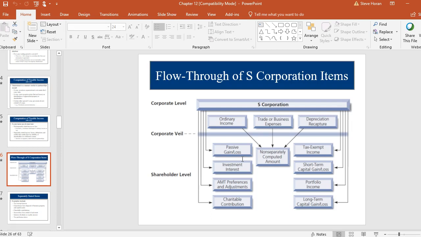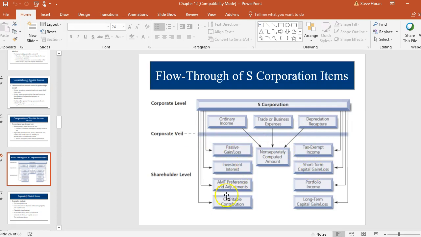the flow through. So we've got the corporate level, and we've got the things that would be common for all shareholders of the corporation. You can see ordinary income, trade or business expense, and depreciation recapture are treated the same, but then we get to these separately stated items, after the corporate veil.